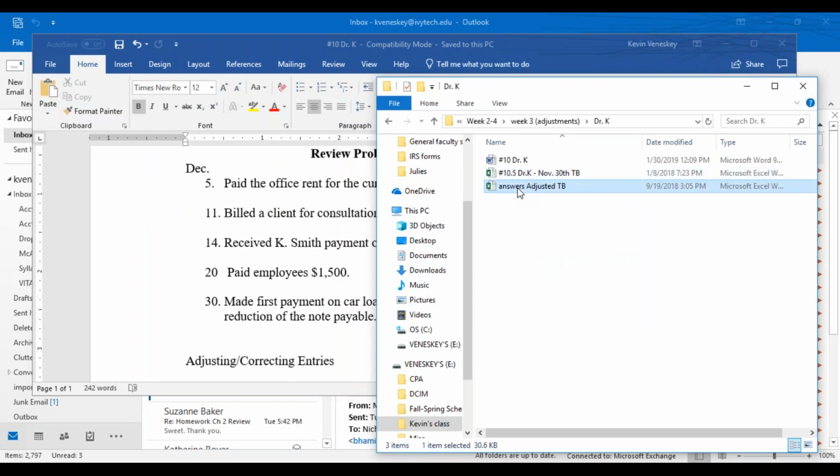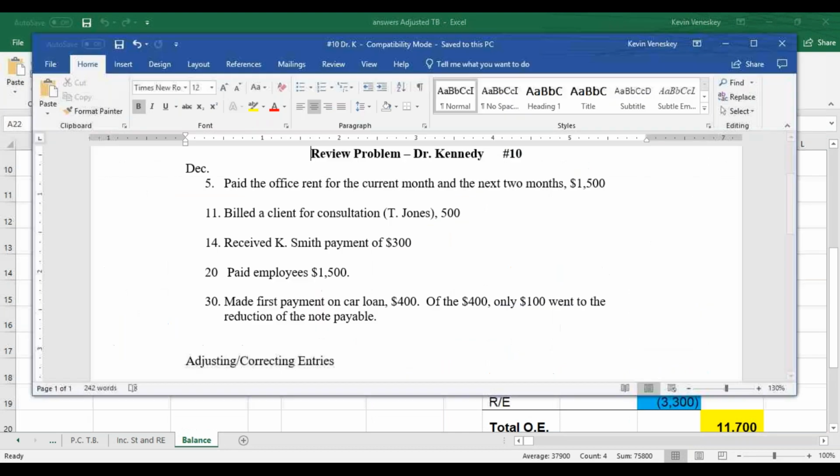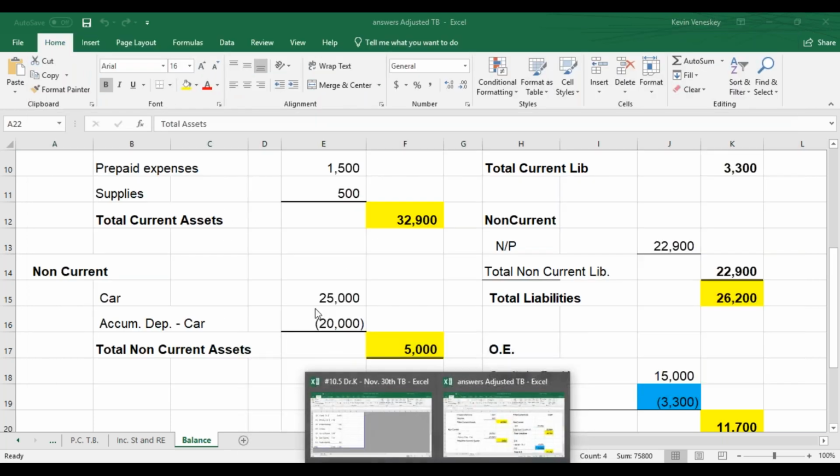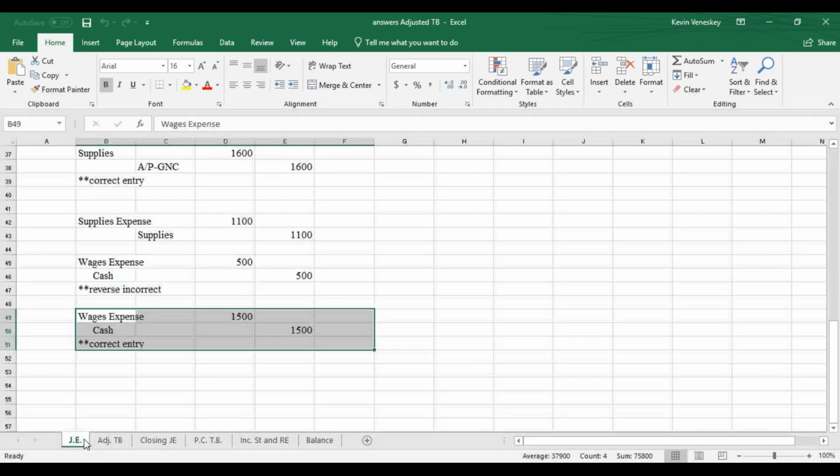All right, let's go through the answers. Pull my sheet up. All right, paid the office rent for the current month and the next 2 months for $1,500. So what I got was rent for this month, which would have been $500, but I also got rent for the next 2 months. That would be prepaid rent. All of it as a credit to my cash.